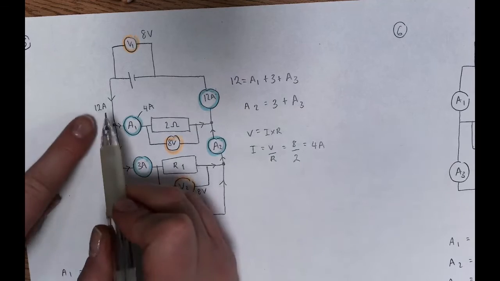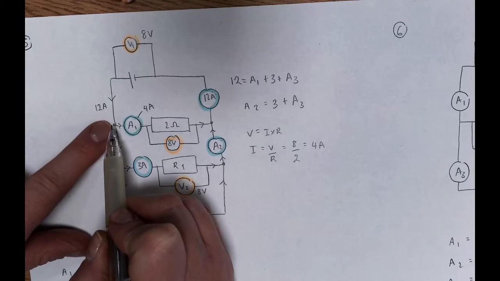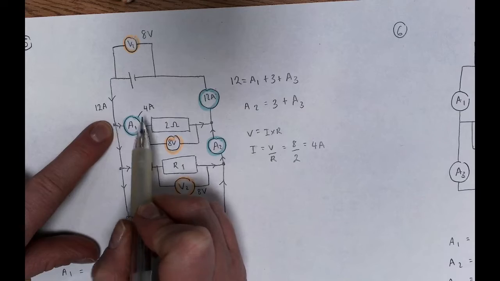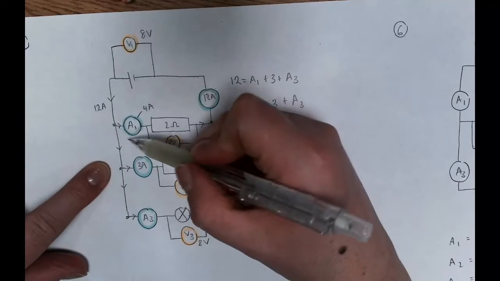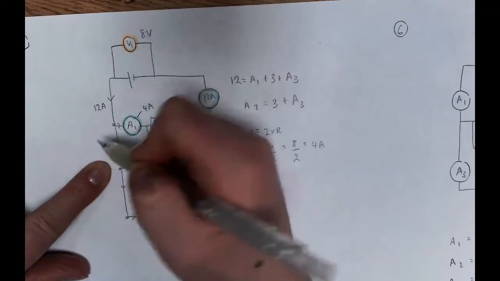Now, I know that 12 was coming into this junction. 4 went down this pathway, which would mean at this section here, I must be left with 12 minus 4.